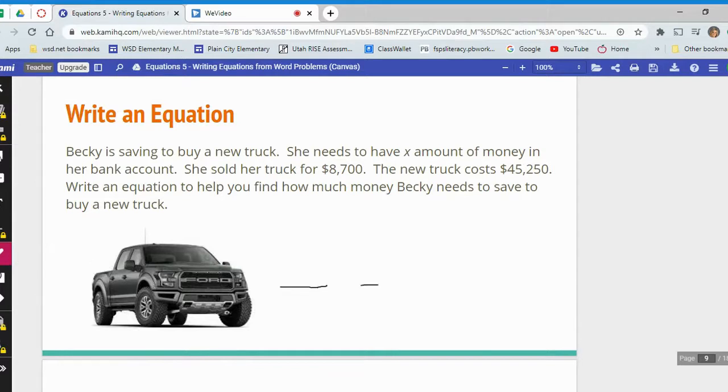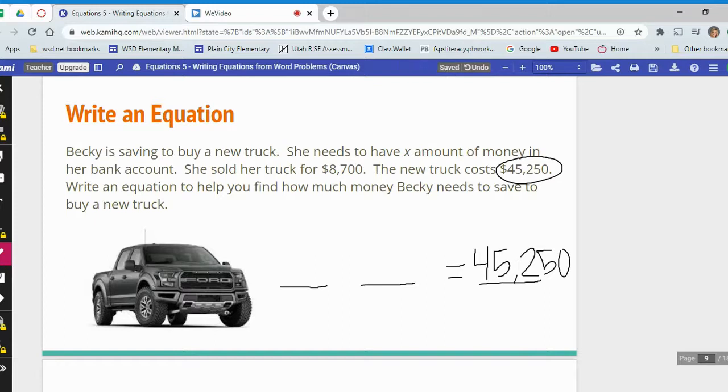We know every equation has the same similar format. Now, do I know the end result? Yeah, right here, right? My new truck is going to cost $45,250.